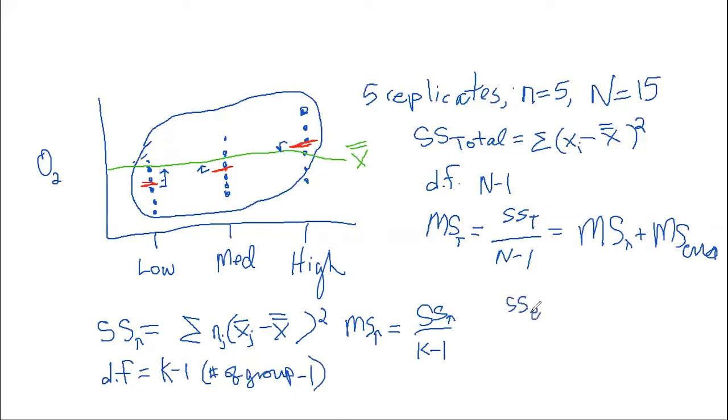sums of squares error, and that's going to be equal to the sum of the squares of the difference between, okay, each observation accounting for the group.